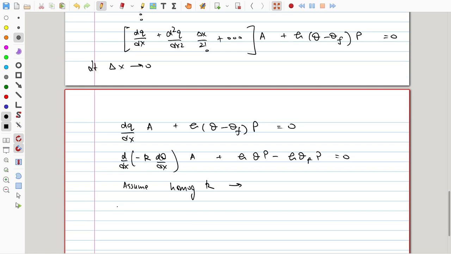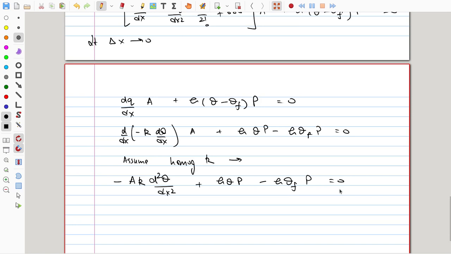So, this becomes minus A times, and let us divide everything by k times A.